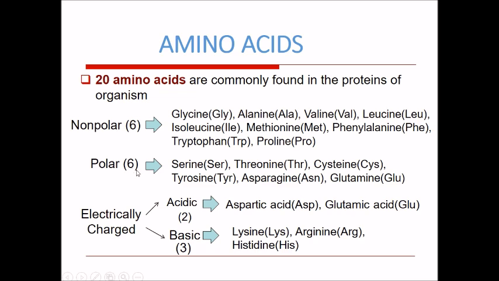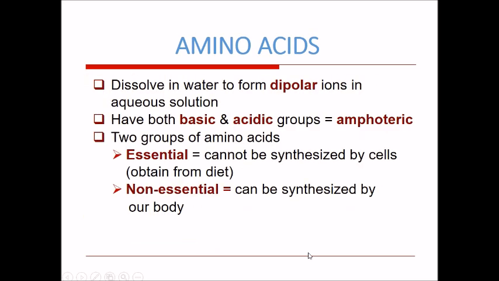Meanwhile, 6 out of 20 amino acids are polar, meaning they are soluble in water, such as serine, threonine, cysteine, tyrosine, asparagine, and glutamine. And then we also have 5 amino acids that have charge, 2 of them acidic, such as aspartate and glutamate, and 3 basic in characteristic, such as lysine, arginine, and histidine.